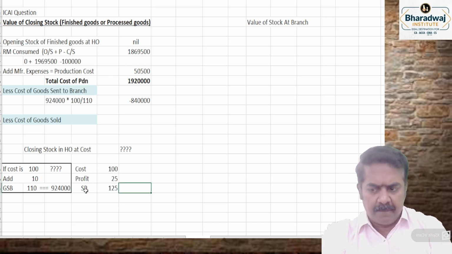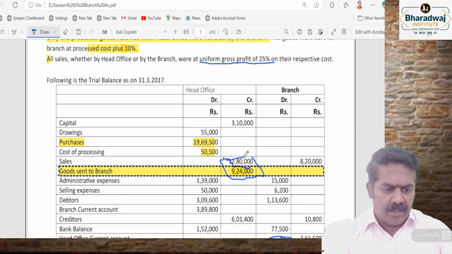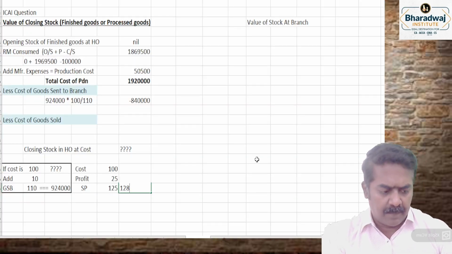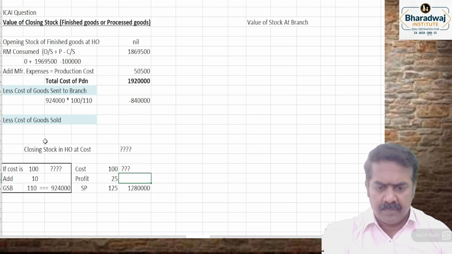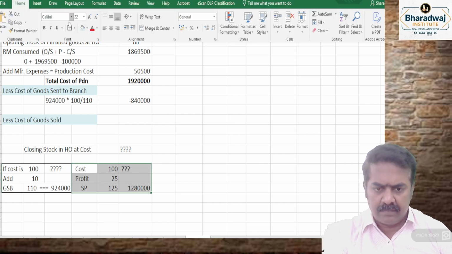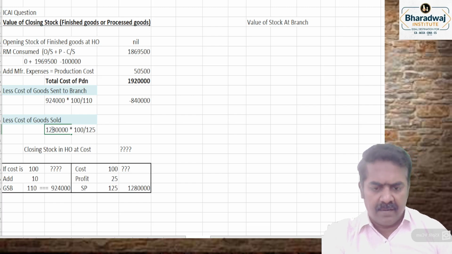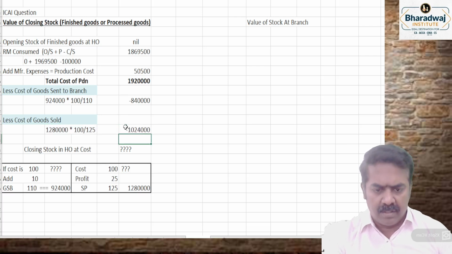How much is given? Sales at head office, 12,80,000. If this is the selling price, what is cost? 12,80,000 into 100 by 125. This is the cost of goods sold out. Balance will be closing stock.